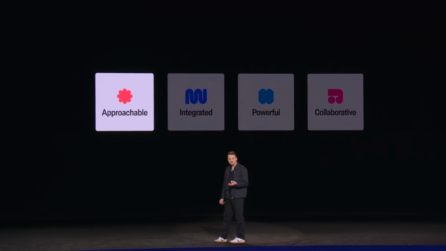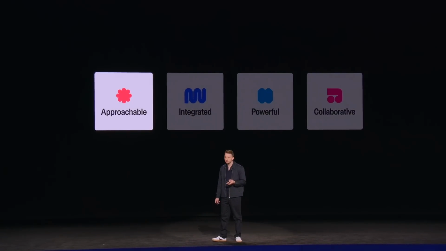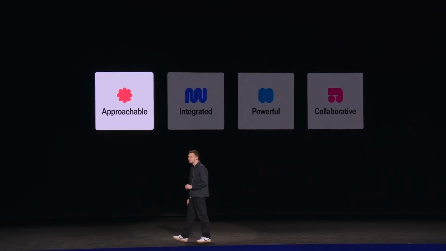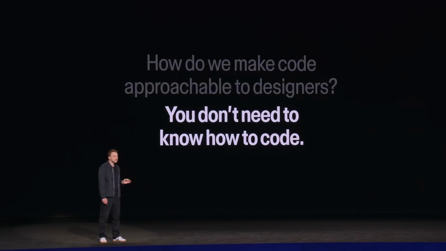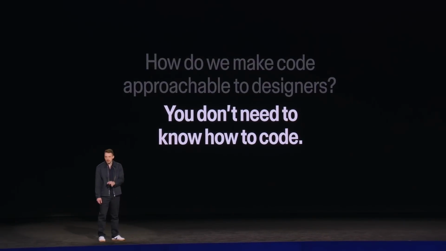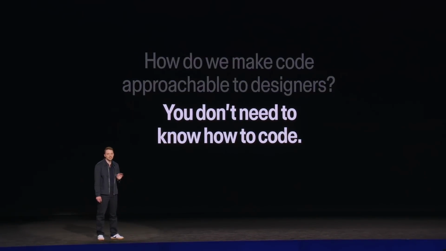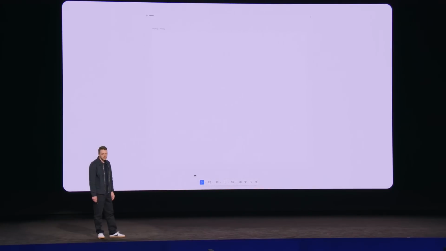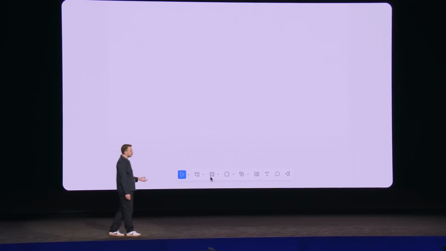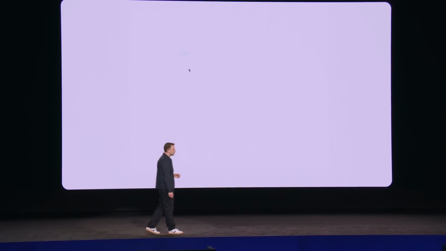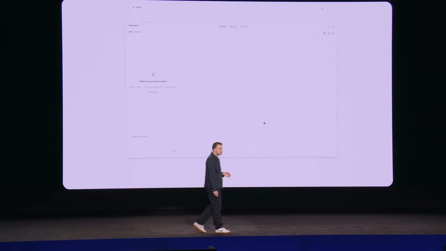But what does it mean for code to feel approachable? Well, there were several design decisions we made to try to accomplish this goal. Most importantly, and I really want to stress this, you do not need to know how to code in order to take advantage of code layers. In fact, when you draw a code layer onto the canvas from the tool belt, you'll actually just get this chat view.